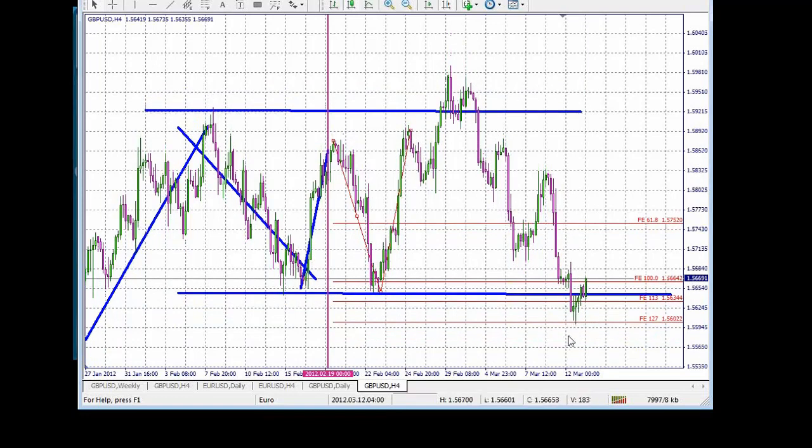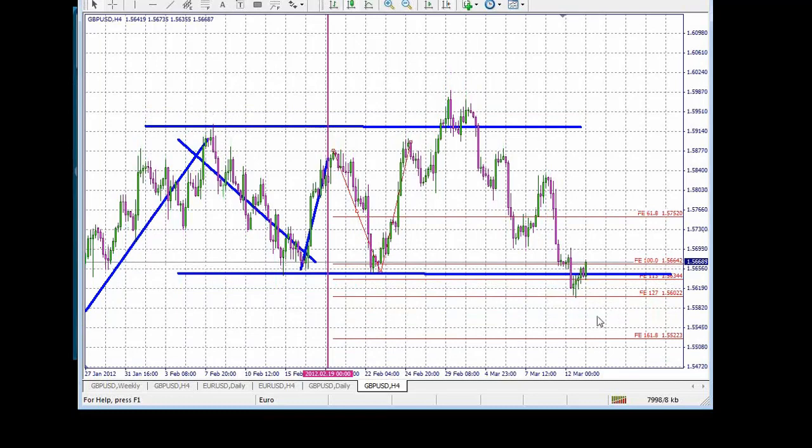We can see that the pair was trying those levels for Fibonacci extension, but we should have one stronger move if it was a downtrend.